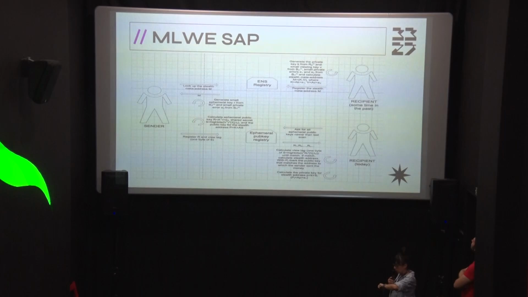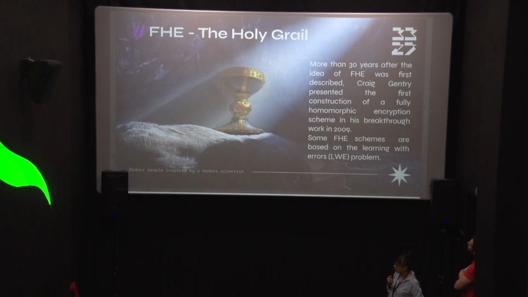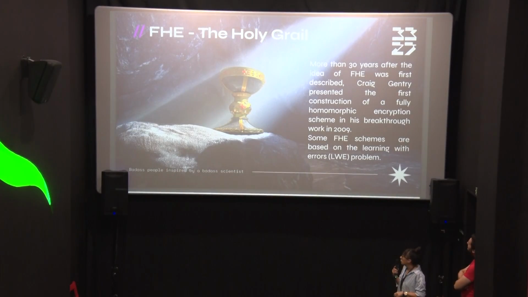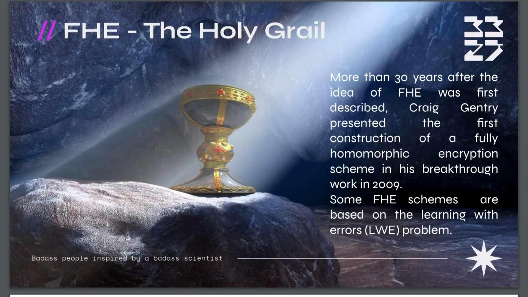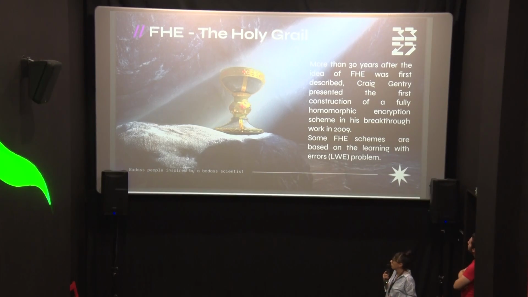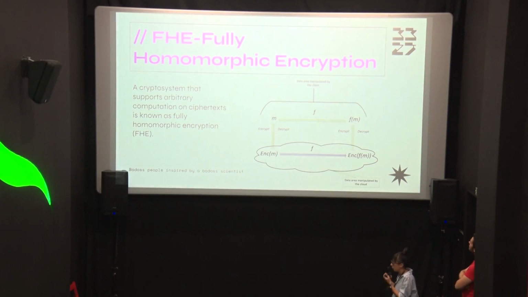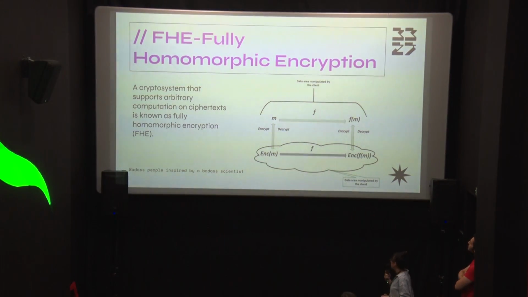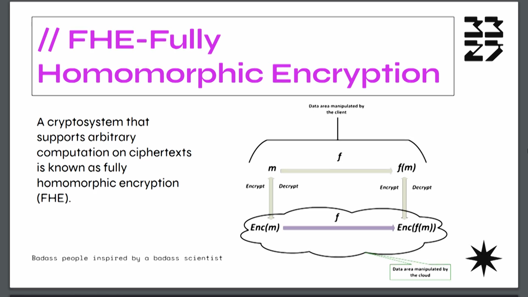And for the end of this talk, I just want to mention some things. I want to mention that fully homomorphic encryption, the holy grail of cryptography, uses this technique, ring learning with errors. So if you understand this, you can work with fully homomorphic encryption. And why is fully homomorphic encryption important? Because, for example, you can perform some operation over encrypted data and obtain encrypted data.